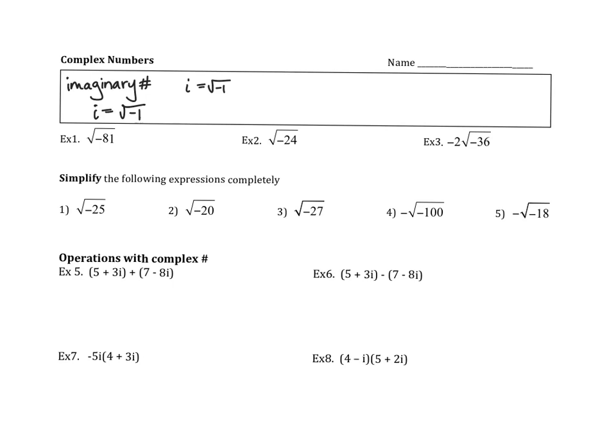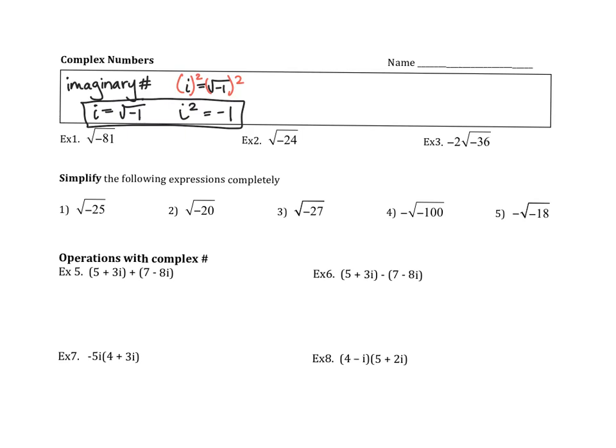If i is equal to the square root of -1 and I square both sides, i squared is equal to the square root of -1 squared, which becomes just -1 because, as we've learned, the square root and the square cancel. So these two are really important to remember. My imaginary number i is equal to the square root of -1, and i squared, therefore, is -1.